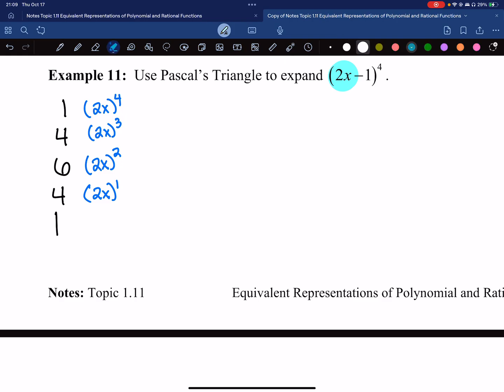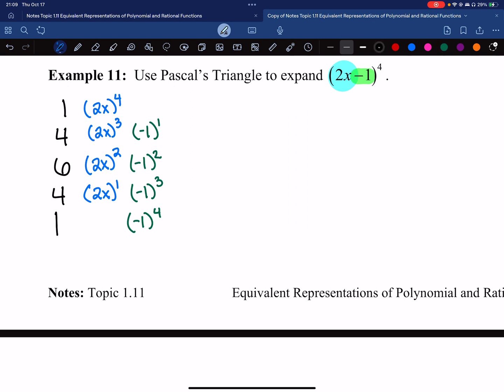Then we have the second term, which is now a negative 1. The fact that it's negative is important. So we have negative 1 to the 4th power, negative 1 to the 3rd power, negative 1 to the 2nd power, negative 1 to the 1st power, and then no negative 1.